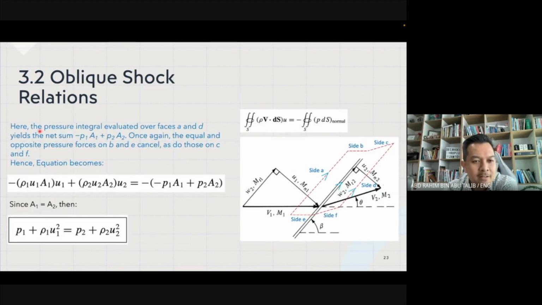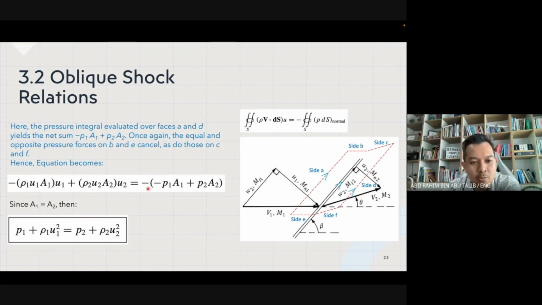Here, the pressure integral evaluated over faces A and D yields the net sum of the pressure times the area at point 1 and the pressure times the area at point 2. So once again, the equal and opposite pressure forces on B and E will cancel out, as do those on C and F. Hence, the equation becomes this expression.